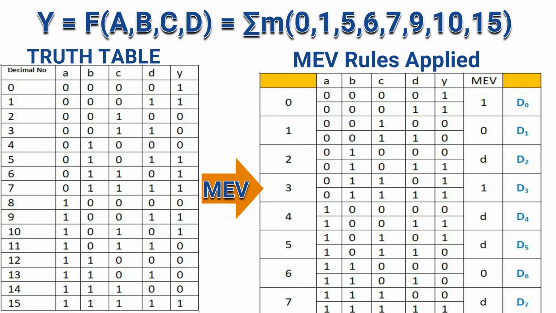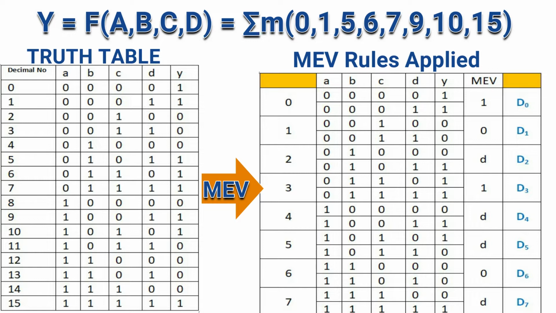So students, here we have the truth table for the given Boolean expression. The 4 variable Boolean expression contains the min terms 0, 1, 5, 6, 7, 9, 10 and 15. For the min terms, we have the truth table, where you can see the decimal numbers from 0 to 15, and then we have the 4 variables a, b, c, d.